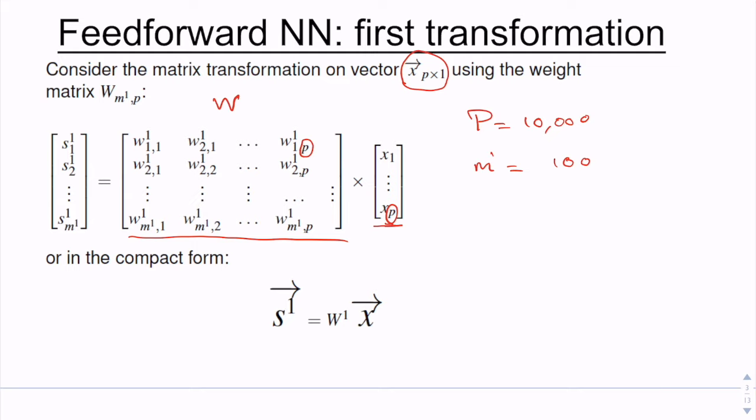Basically, we encode the feature space of dimension P by M. Usually P is greater than M1, but in some other contexts, we may also map it to a higher dimension. So it's not a must.